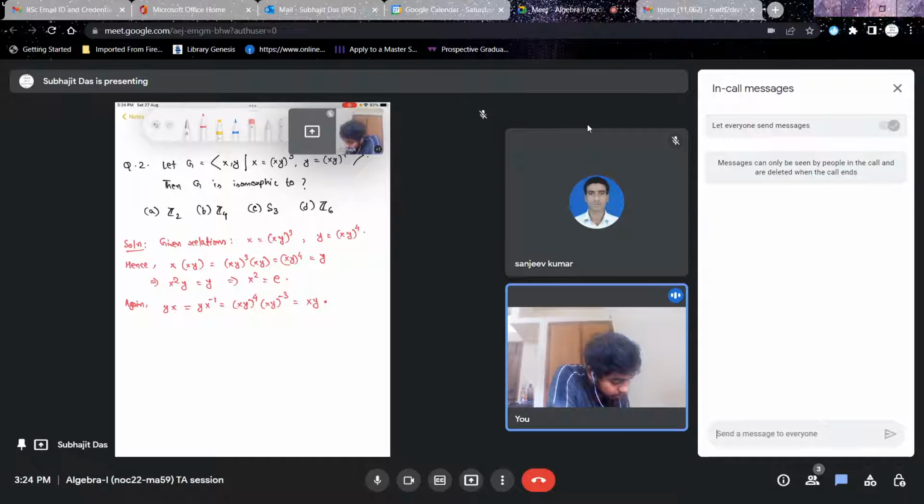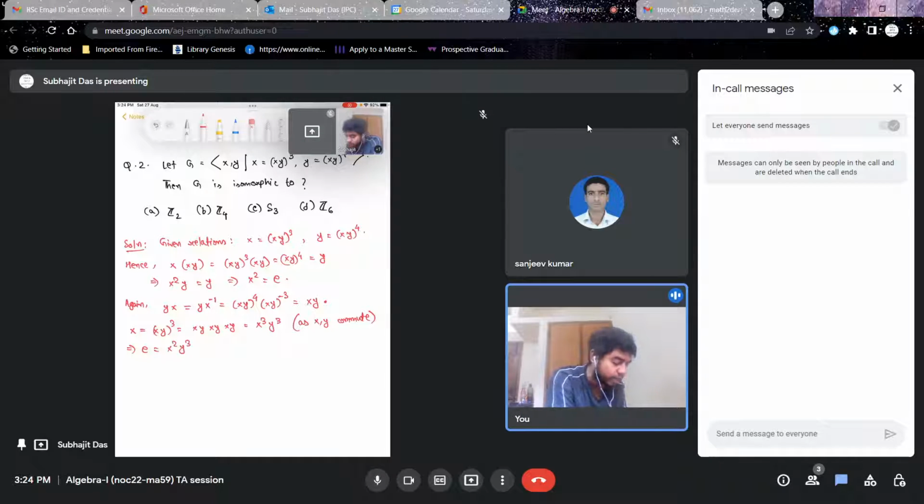Now from the first relation, x is given to be xy whole cube, which is xy, xy, xy. But since x and y commute, this is just x cubed y cubed. That implies, if you use left cancellation by x inverse, that the identity is equal to x squared y cubed.